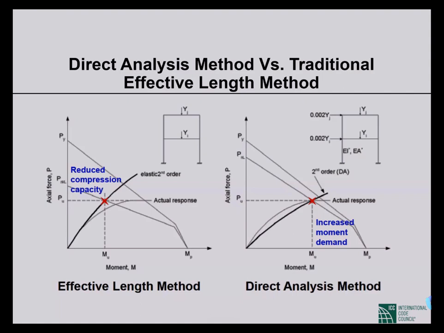But for other limit states like serviceability limit state, they will be different. In case of elastic effective length method, in the other limit states, they are very close to actual response. But in direct analysis method, at the ultimate limit state, this is close to the actual response, but in other limit states, this is not so close. So that's a big difference.